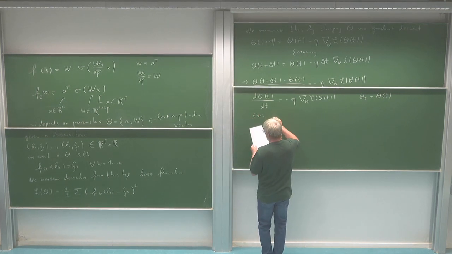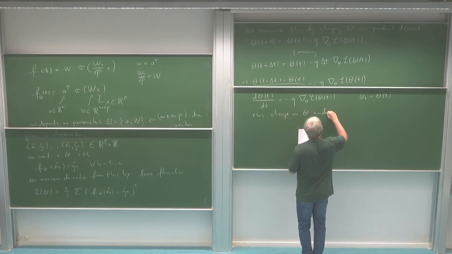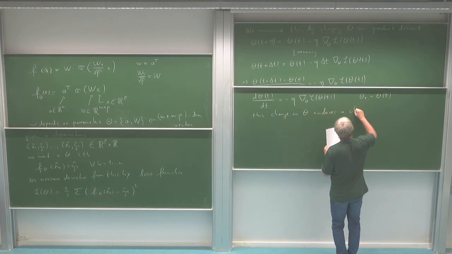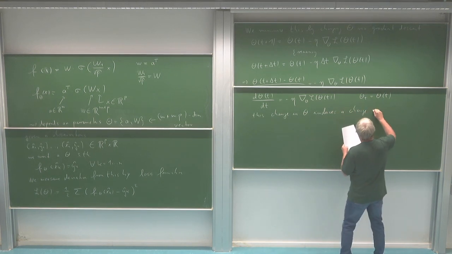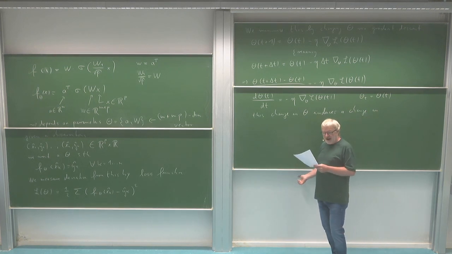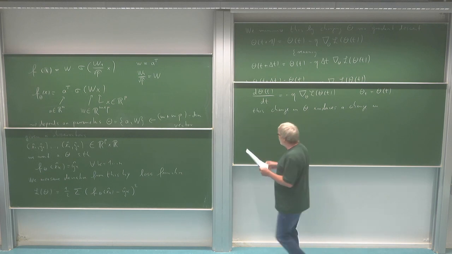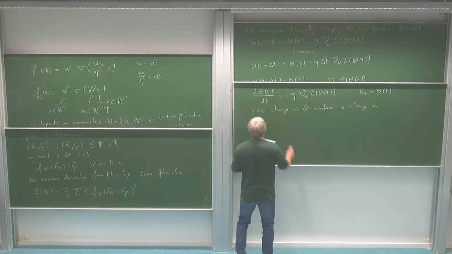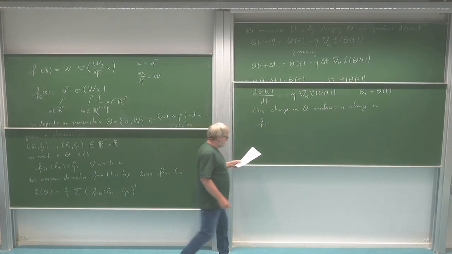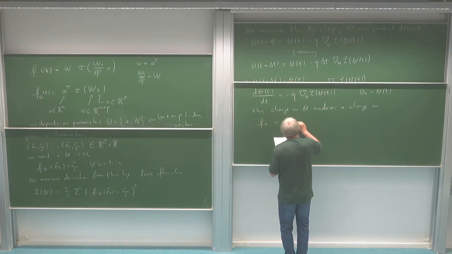This change in theta induces a change in my function, and the function will thus also depend on the time, because the function depends on the parameters, and the parameters depend on the time. So I have a function, and I denote this as f sub t, which is just f of theta of t.